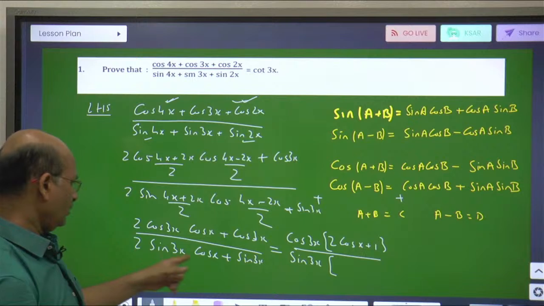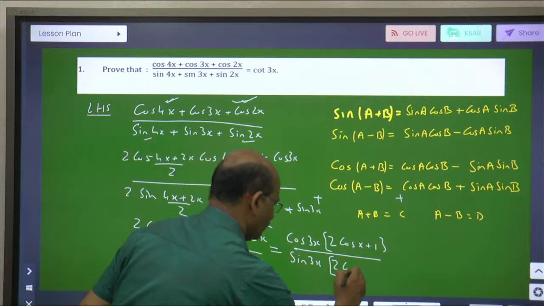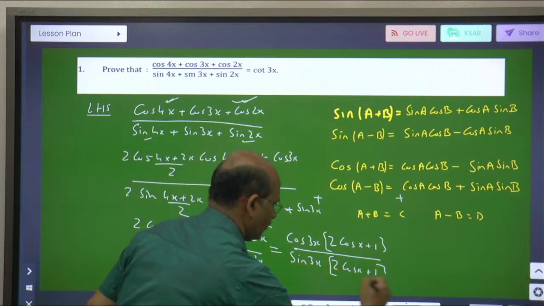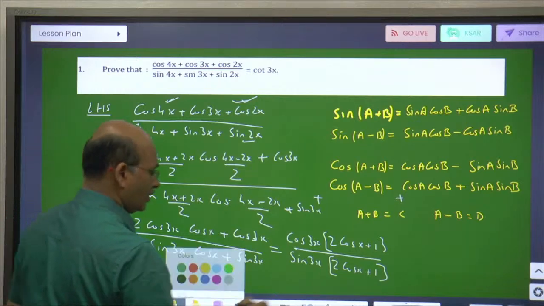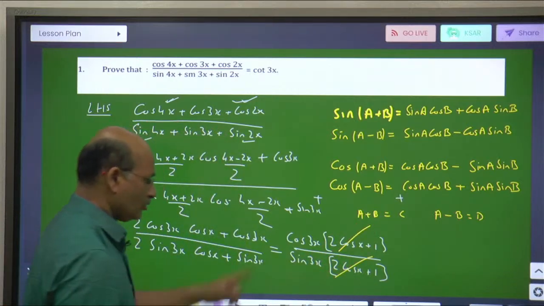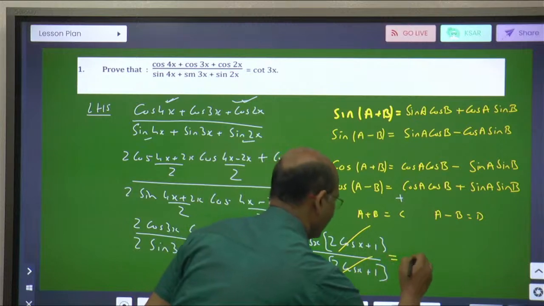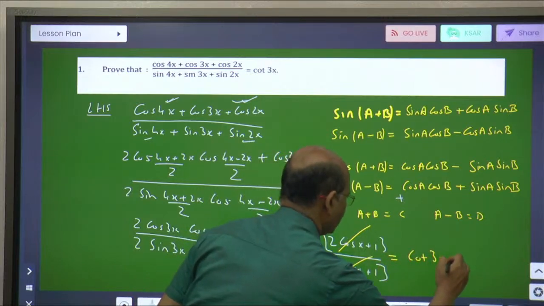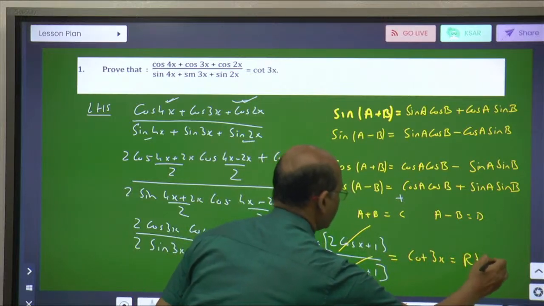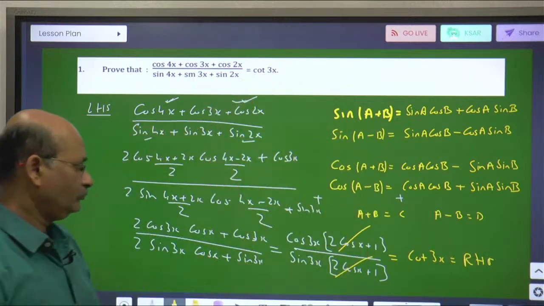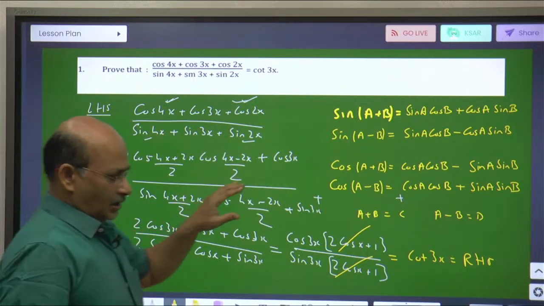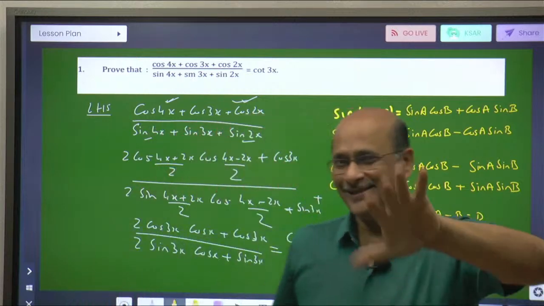What remains here? 2 cos x plus 1. Now see what happens. I can cancel this and this. So cos 3x upon sin 3x is cot 3x, which is equal to RHS. Difficulty is not there, it's just basic application.